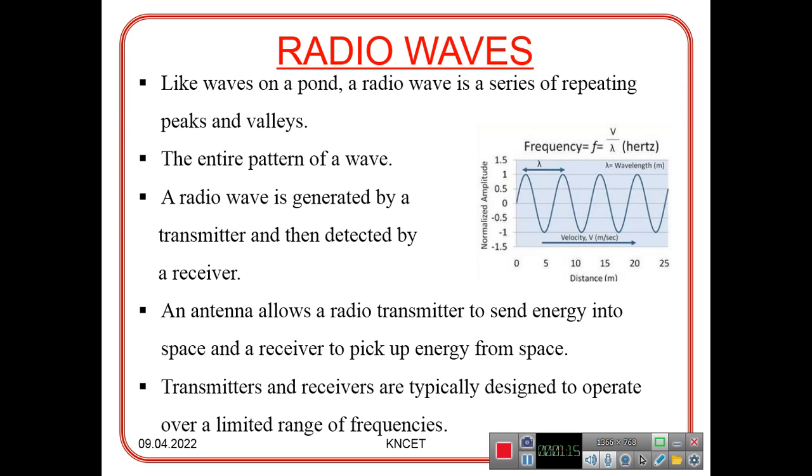A radio wave is generated by a transmitter and then detected by the receiver. So an antenna allows a radio transmitter to send energy and then to receive energy from the space. The transmitter and the receiver are typically designed to operate over a limited range of frequencies.